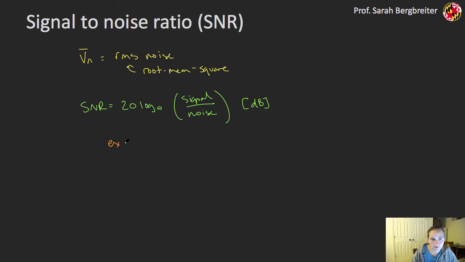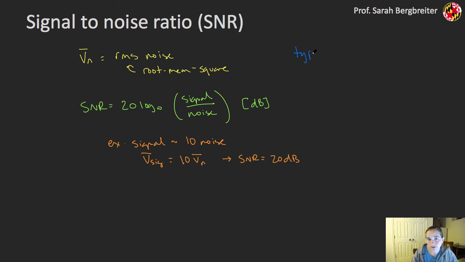So for example, if my RMS voltage of my signal was 10 times the noise voltage that I'd have, then I would have an SNR equal to 20 dB. Because I'd have a factor of 10 here, log base 10 of 10 is 1 times 20 in dB.